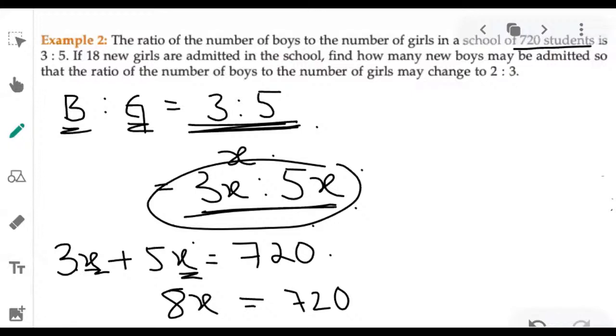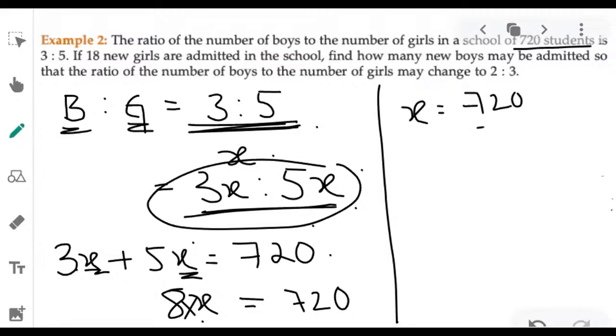So if 8 goes to the opposite side, what does it become? It is multiplied here, so it becomes a divide. x is equals to 720 by 8. That is 90.